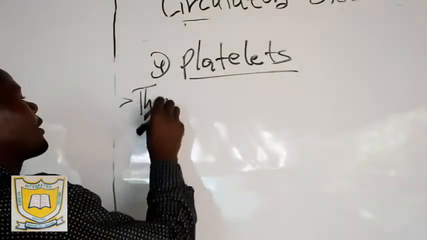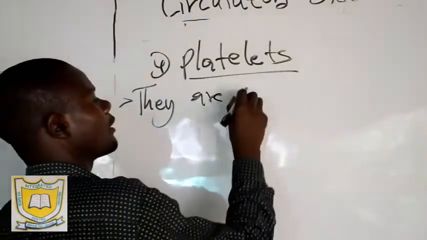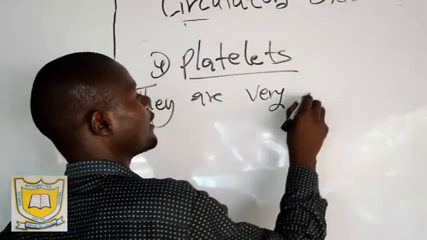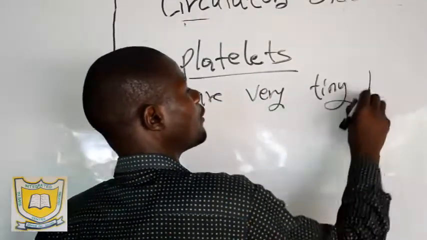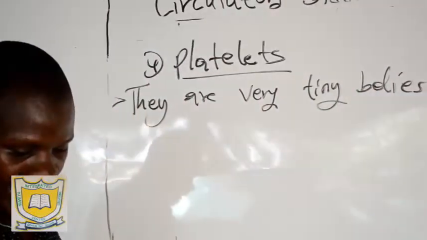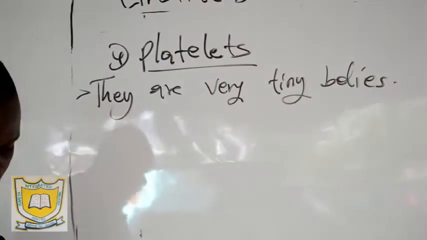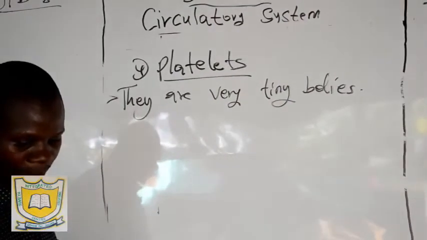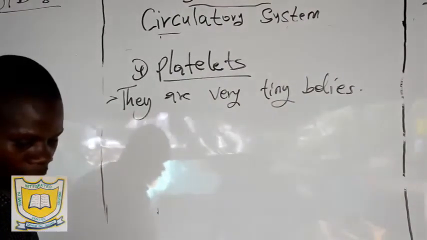The platelets are very tiny bodies in the blood. They are the smallest part of the blood. They play an important part in the clotting of blood.